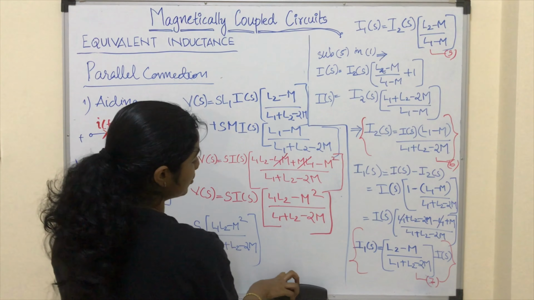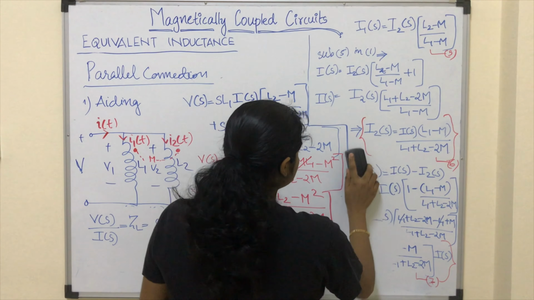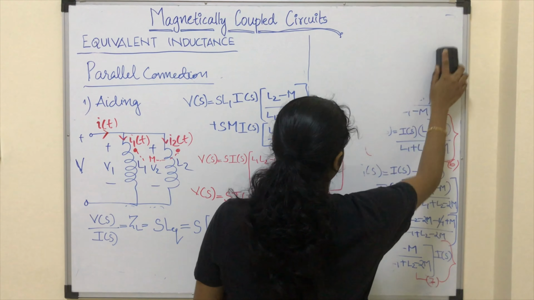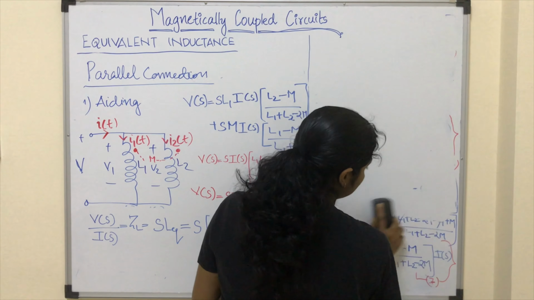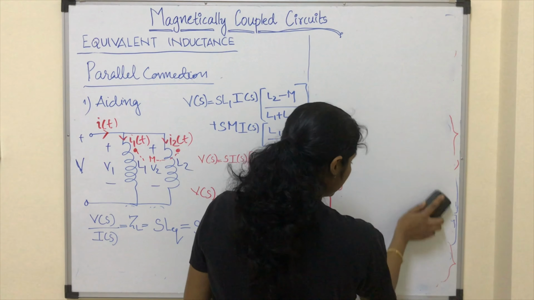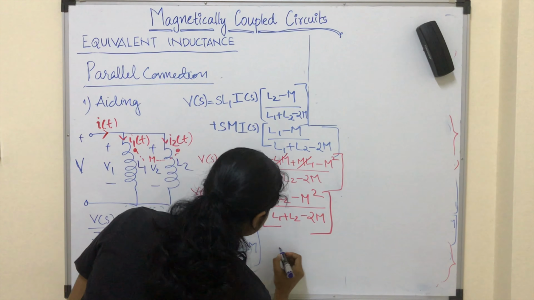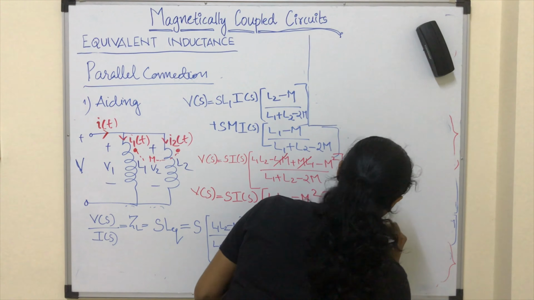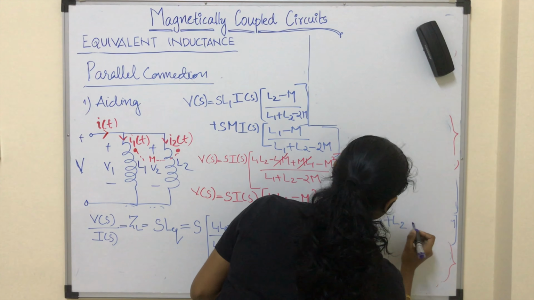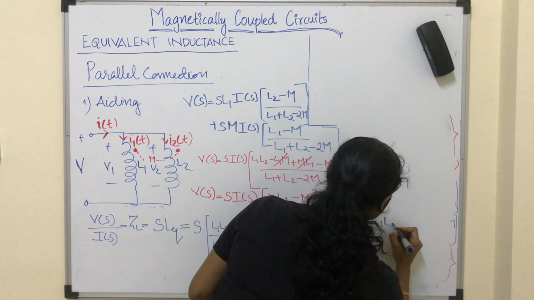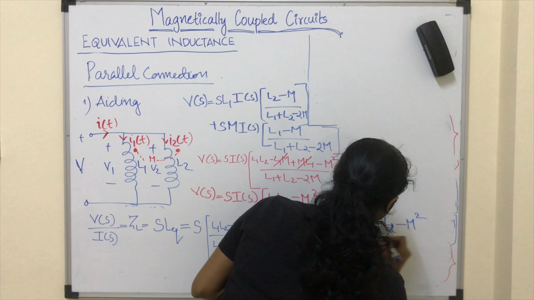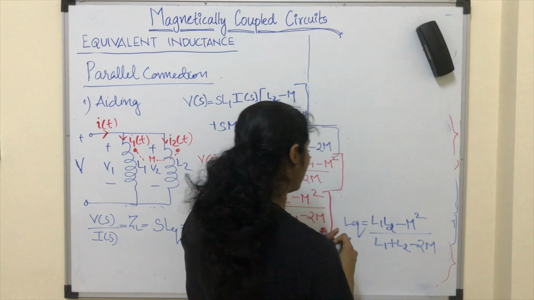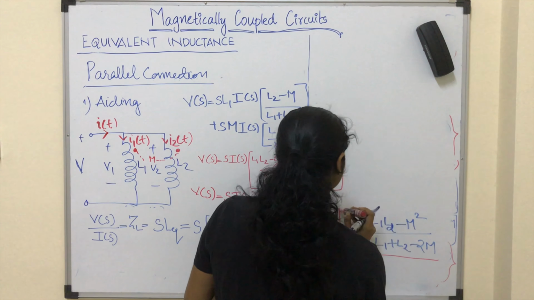which means what? Equivalent inductance is equal to (L1 L2 minus M square) divided by (L1 plus L2 minus 2M). Okay, which implies L equivalent is equal to (L1 L2 minus M square) by (L1 plus L2 minus 2M) for aiding connection.